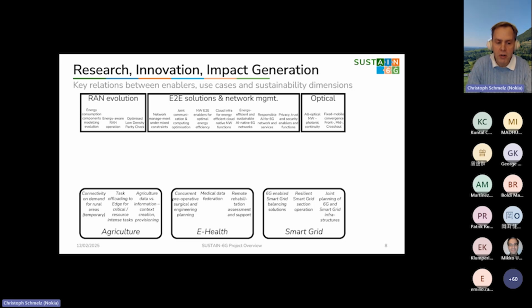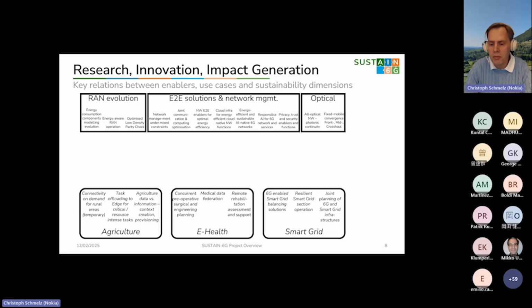This may not only apply to agriculture, but also to quite a number of additional use cases in completely different scenarios. E-health, same. Some topics are related to a more fixed or static location, others to the requirement of mobility. And on the Medical Data Federation, here we go into the topic of privacy, security, trustworthiness, which is very important looking at the overall sustainability context.